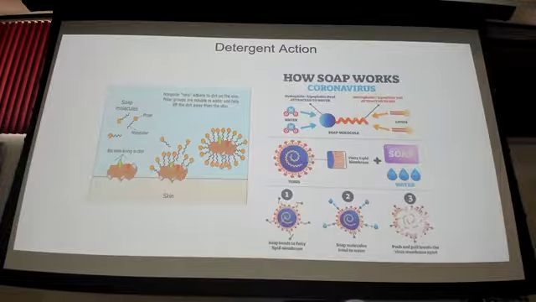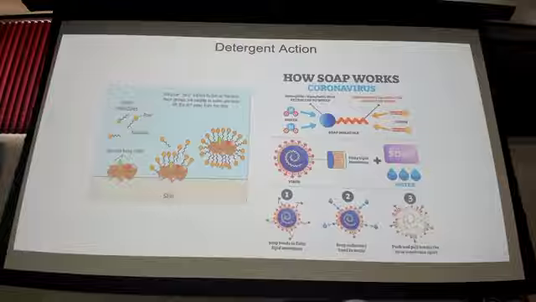Forming basically a micelle around that germ particle and lifting it when you have water chemical action. Versus this, which is similar but different, where you have an enveloped lipid membrane target, like an enveloped virus, for example, like SARS-CoV-2. In that case, the mechanism can be a little bit more direct. You can just insert those amphipathic molecules into the lipid envelope and literally just pull that thing apart. It's just lipid.